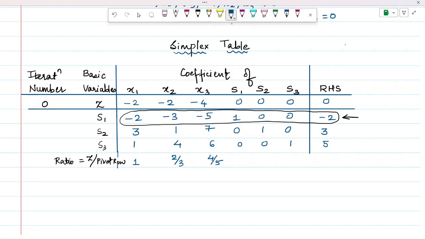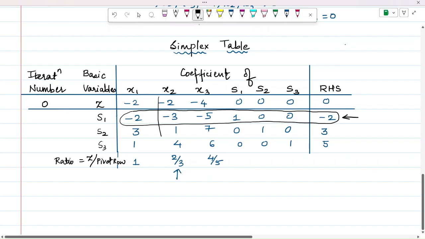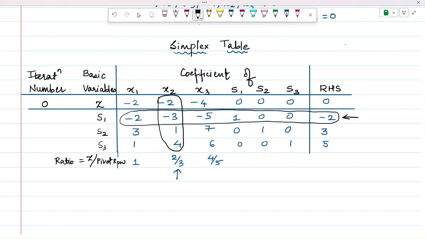So now let's understand, identify the smallest number in the ratio row. So if you look at 2 by 3, that's going to be somewhere around 0.67, and this is going to be 0.8. So 0.67 is the smallest. So this becomes your pivot column now. Highlight the pivot column, leaving the ratio part aside.